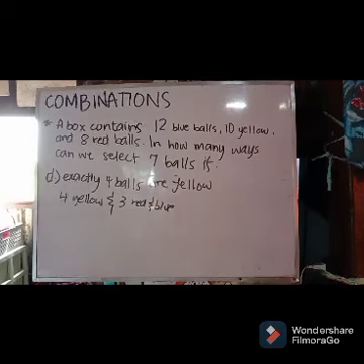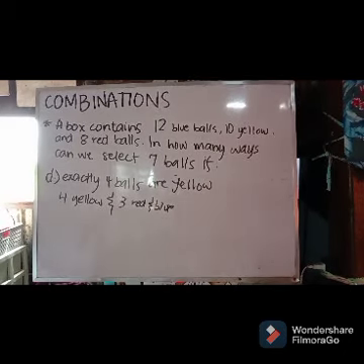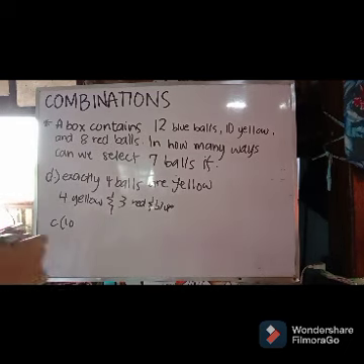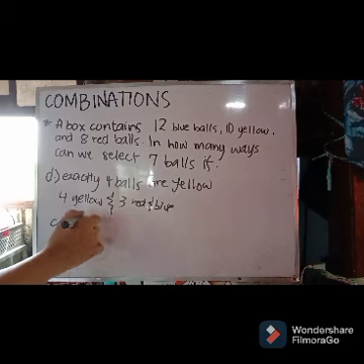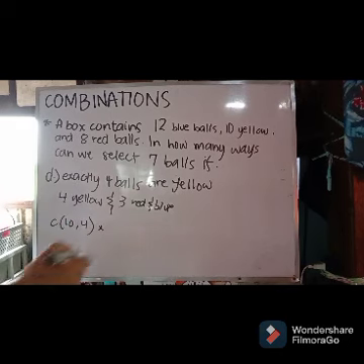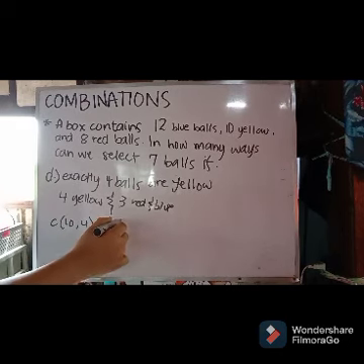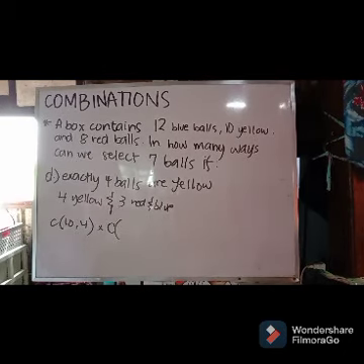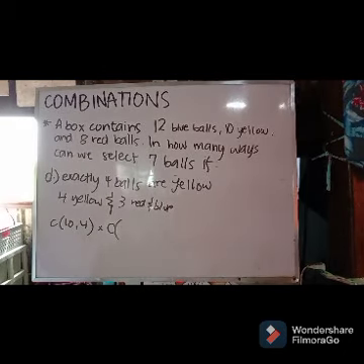So we take the combination of 10 because there are 10 yellows, and take 4, multiplied by the combination of 3 from 12 blue and 8 red balls, which are mixed in the 3.